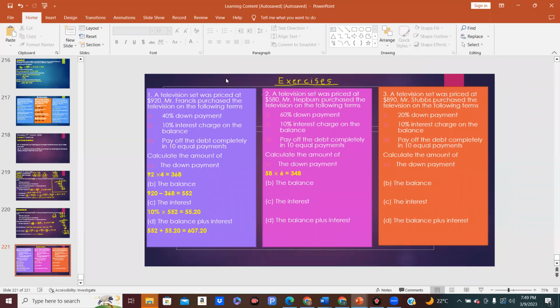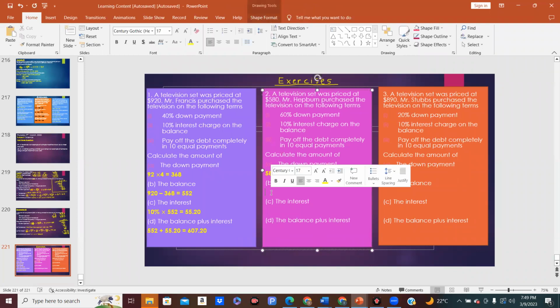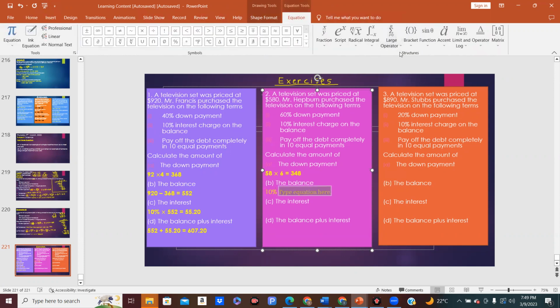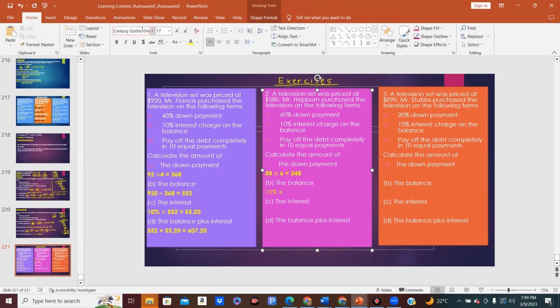Okay, we want the balance. That's the cash price take away the down payment. So that's 890 take away 178.